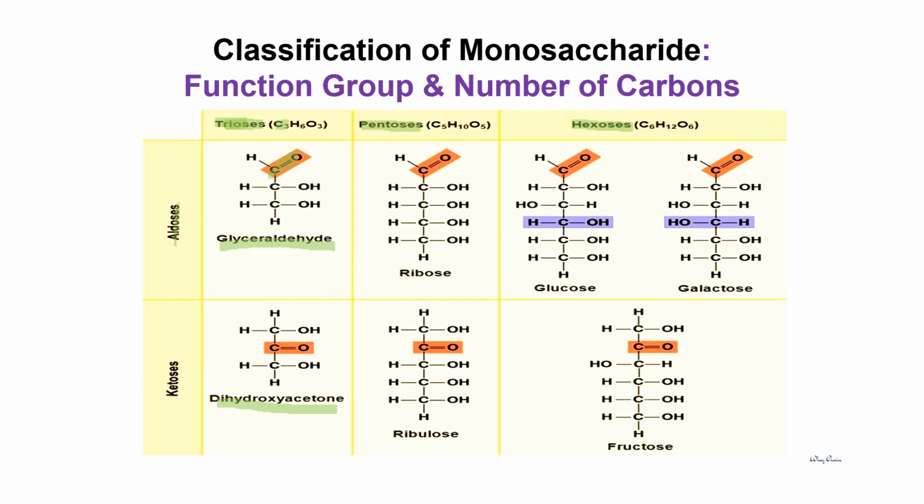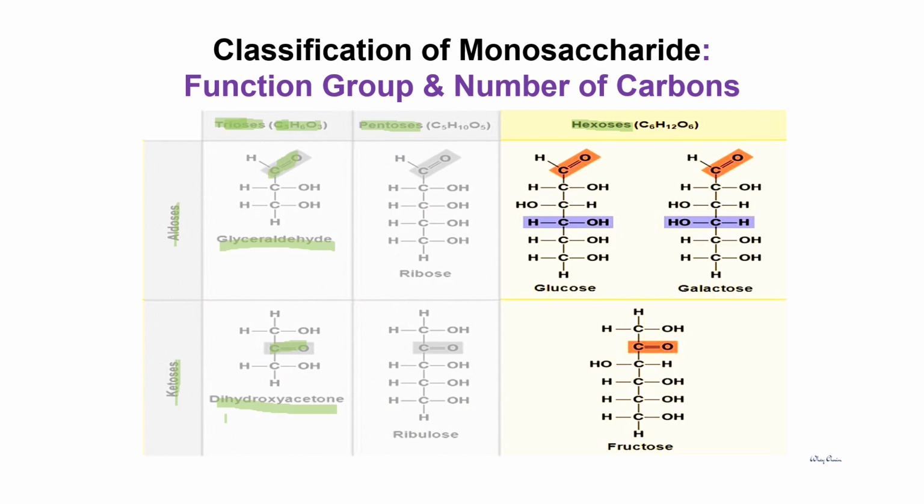And if we refer to dihydroxyacetone, even though it has the same chemical formula as glyceraldehyde, which is C3H6O3, because the functional group is located at carbon number 2, dihydroxyacetone is also known as ketoses.